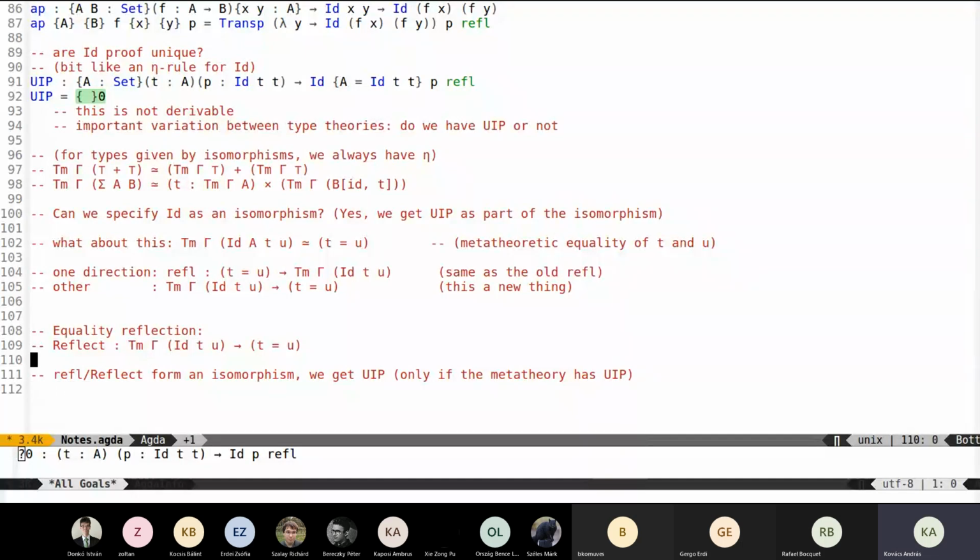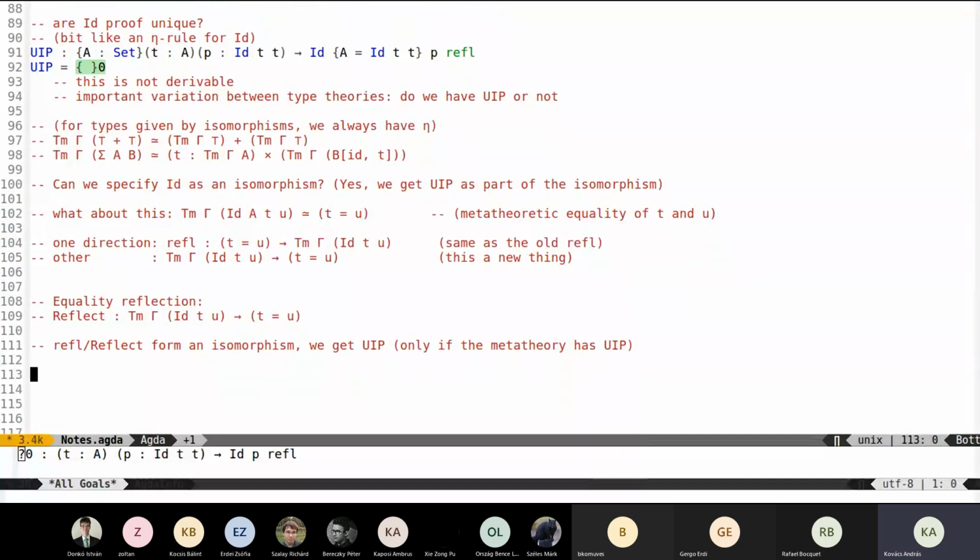Okay. So if we have reflect plus UIP, then it's called extensional type theory.